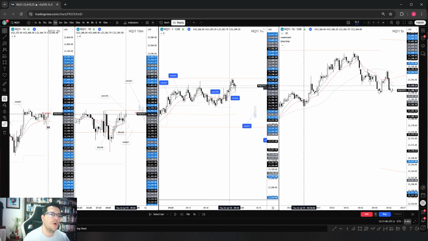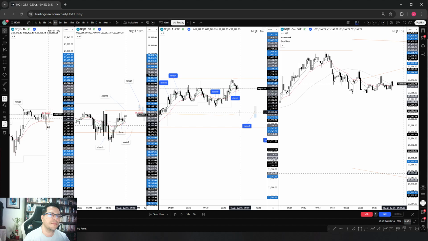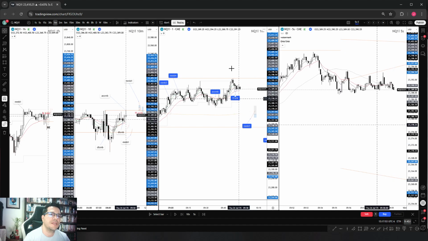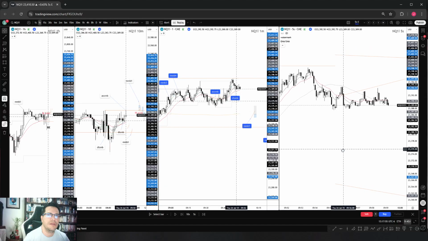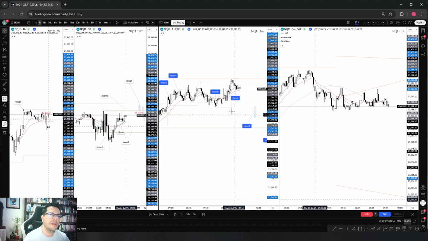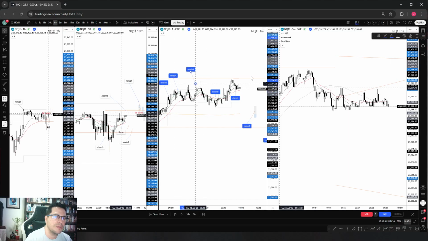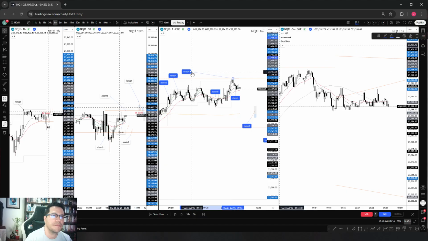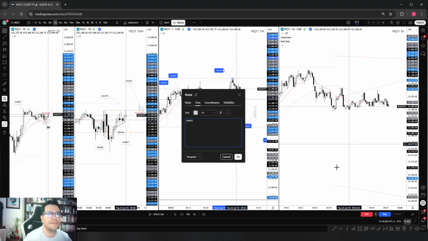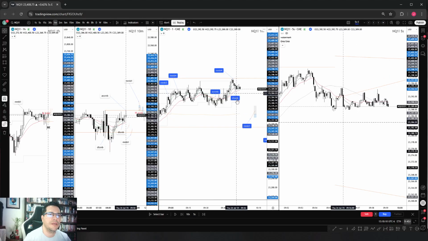Then price goes up, and this can be somehow seen as an MMB1. Let's mark this way. So this is MMB1 at that time.